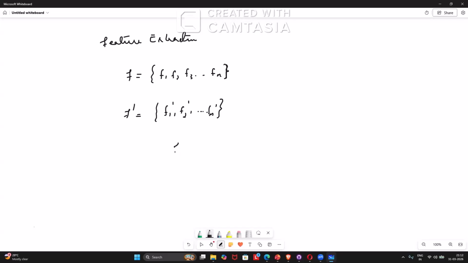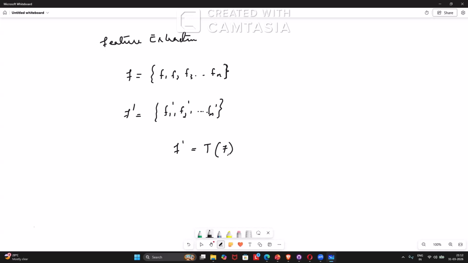But here F dash is not a subset of F. It is a transformation of F. What does that mean? We are creating a new set of f1 dash, f2 dash, up to fm dash from the existing f1, f2, etc. up to fn. Clear?